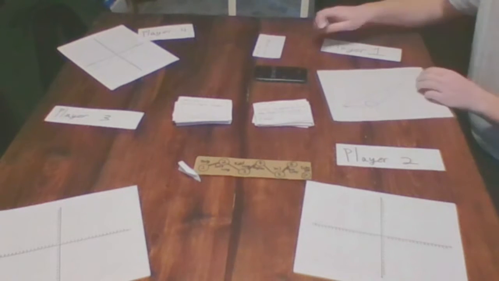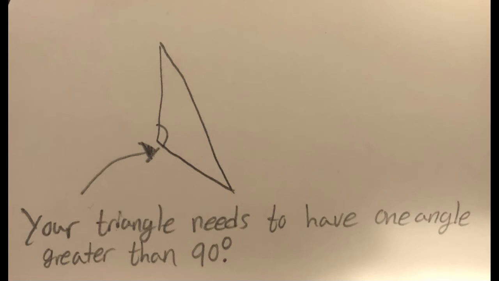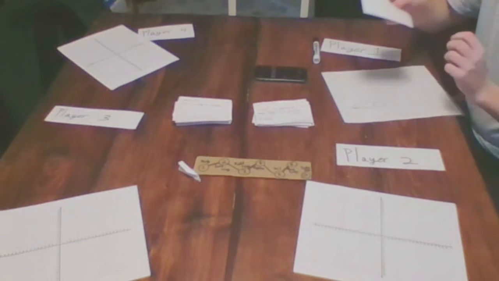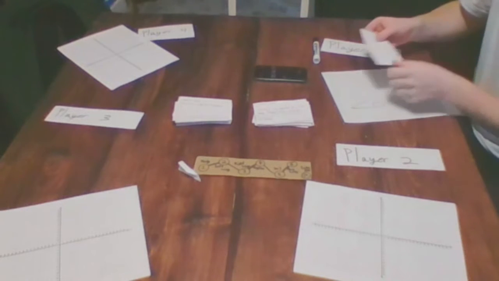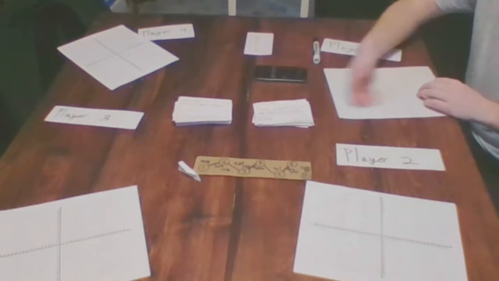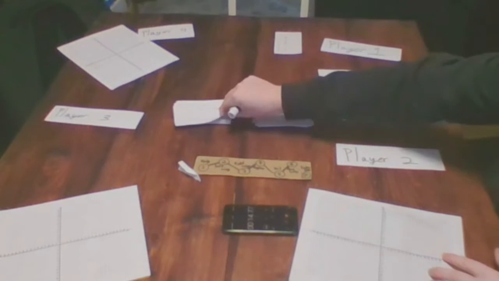Now that player 1 has finished their turn, player 2 can draw a card and attempt to solve that card. Player 2 draws a card and has to solve the card by drawing an irregular hexagon.